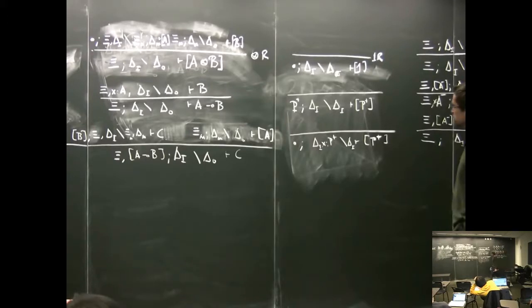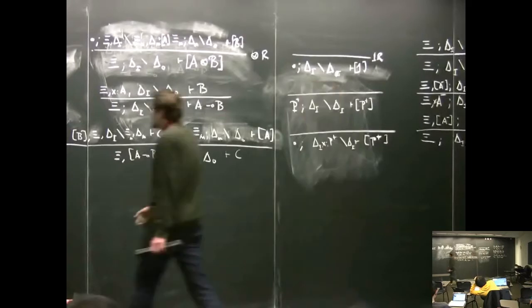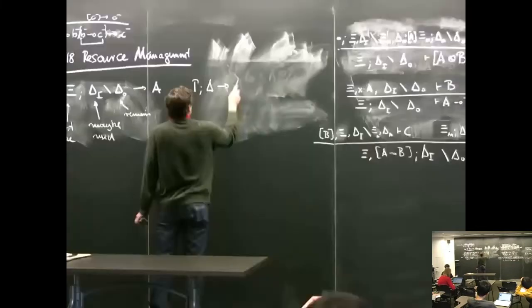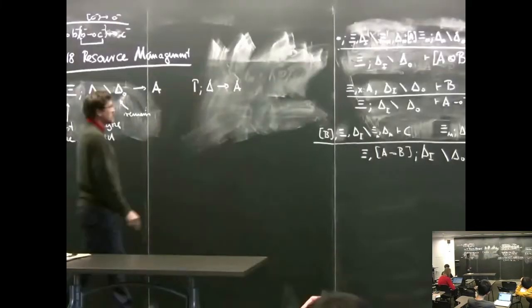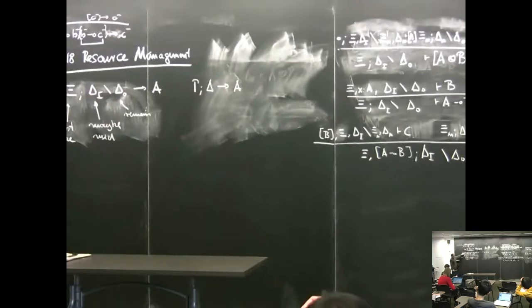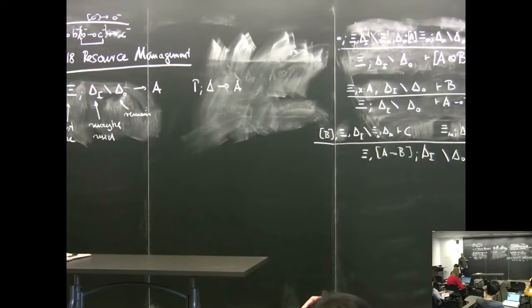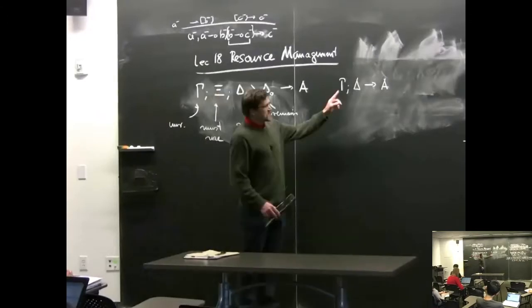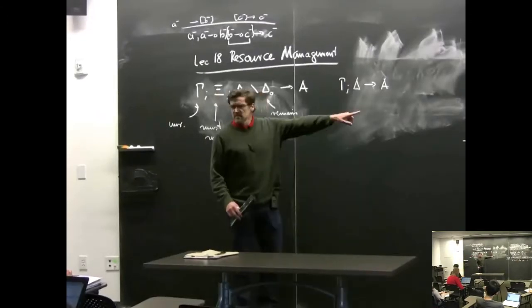Well, what's the other judgment we're trying to relate it to? The other judgment is gamma, semicolon, delta, proves A, right? So this is our usual focusing one, and this is the one with resources. And we want to show somehow a relationship between the two, right? So at the top level, what do we want? So the soundness of the system would say what?